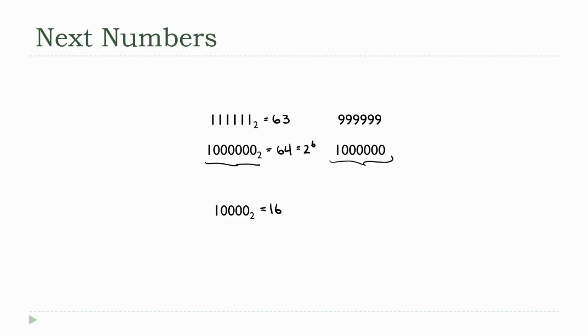If I wanted to subtract 1 from this 7-digit decimal number, a 1 followed by 6 zeros, it would turn into a 6-digit number that's all 9s. Well, the same thing is going to happen here. This 5-digit 1 followed by zeros is going to turn into a 4-digit number that's all 1s.